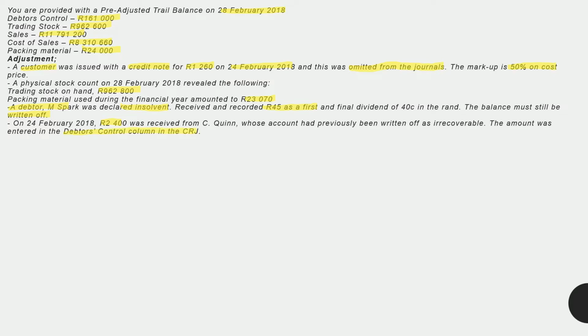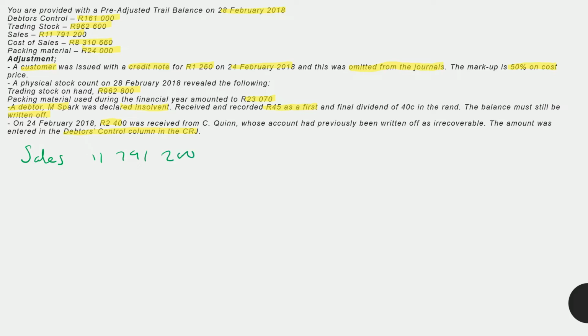Right, so these are the adjustments that we need to make. Taking them one by one, you will have your sales of 11,791,200.